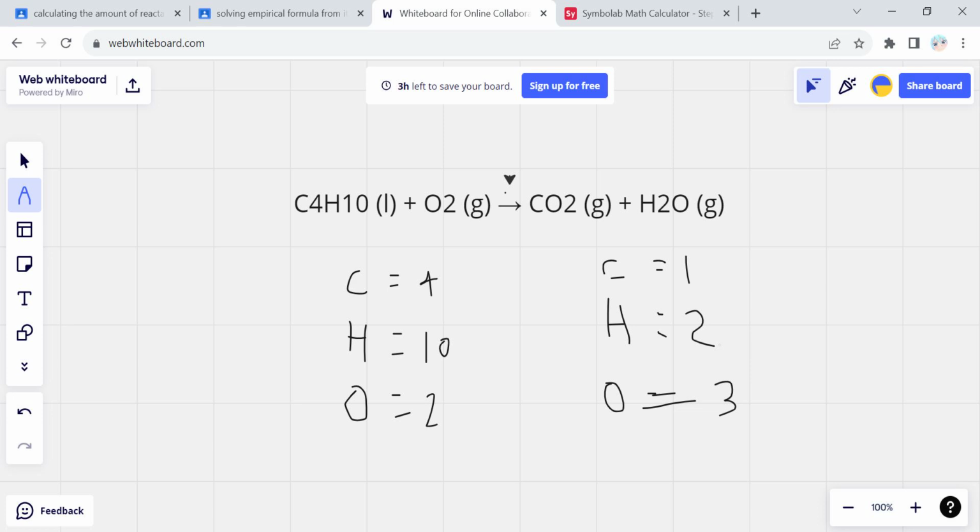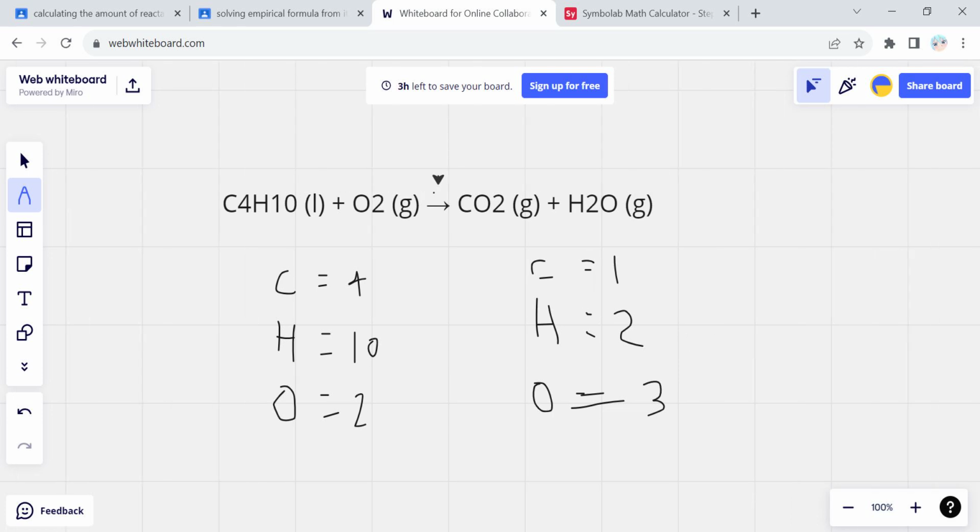So now, what can we multiply here to get this to 10, which is 5, right? But if we add 5 here, the hydrogen will be balanced, but the carbon and the oxygen are still unbalanced. So now we have to think of the carbon here.